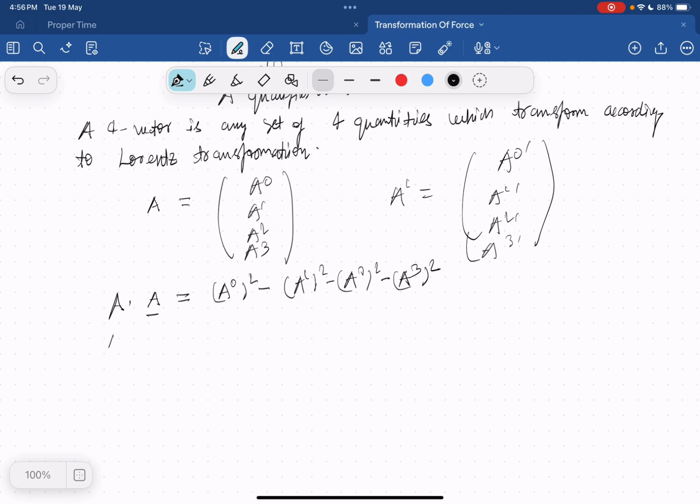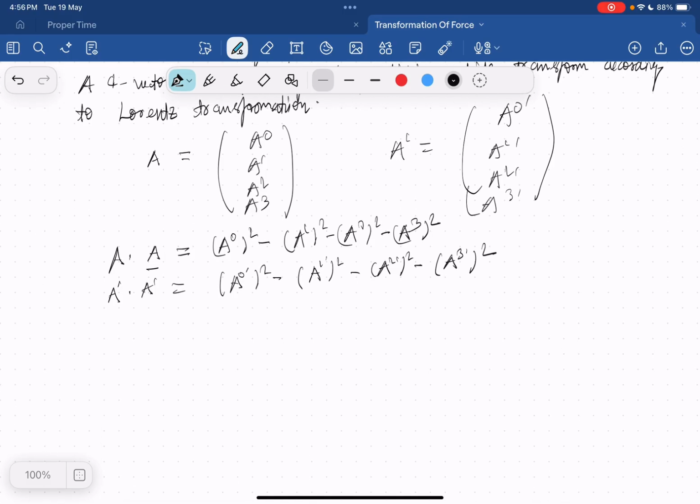And if you find the norm in another frame, that will be A0 prime squared minus A1 prime squared minus A2 prime squared minus A3 prime squared, and the norm remains invariant.